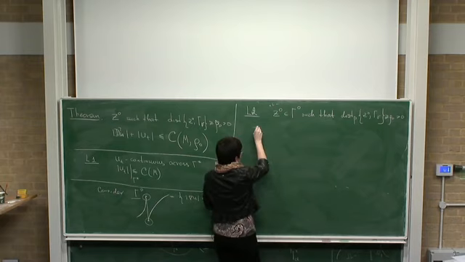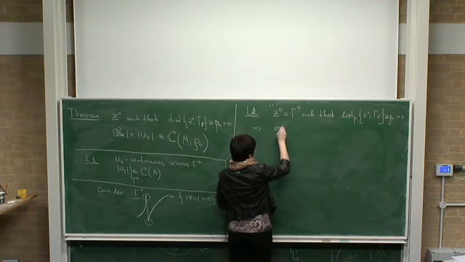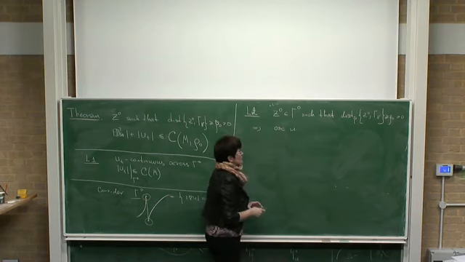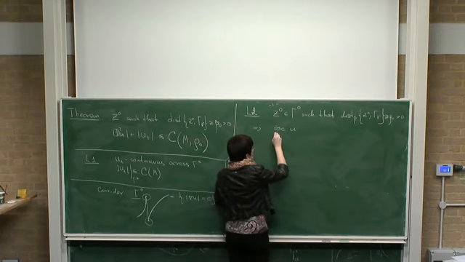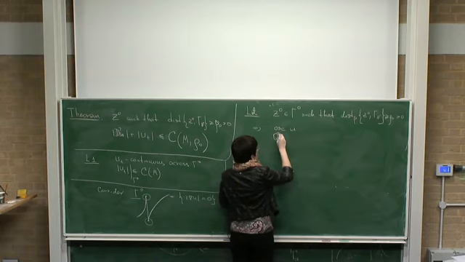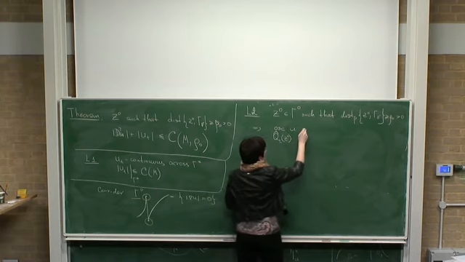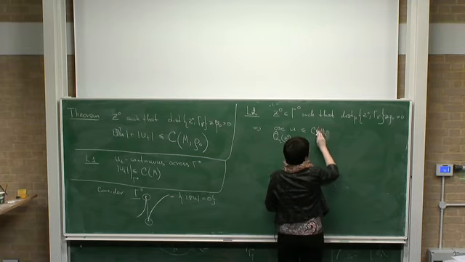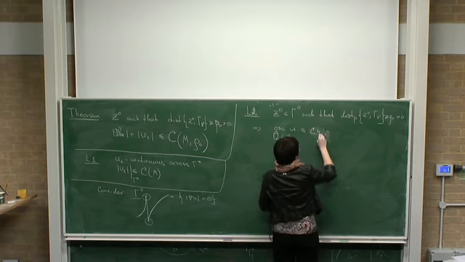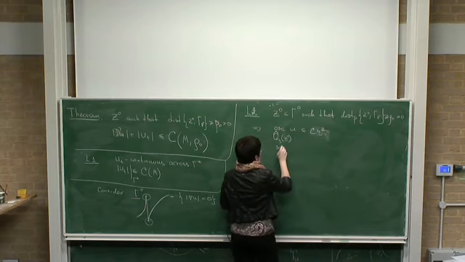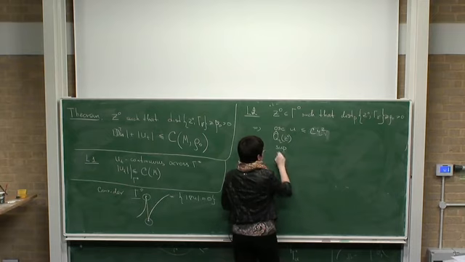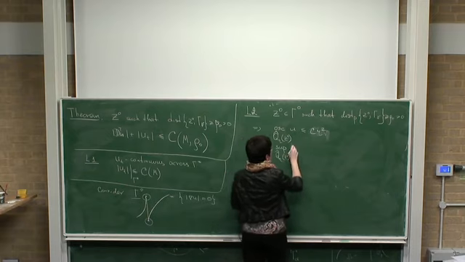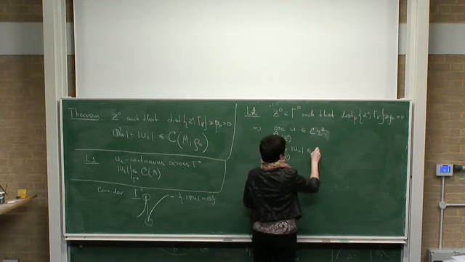Then we have the following estimate: the oscillation of u over the cylinder is less or equal to the supremum of the gradient.